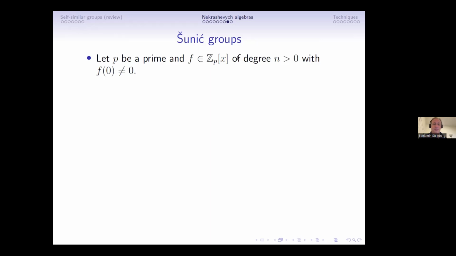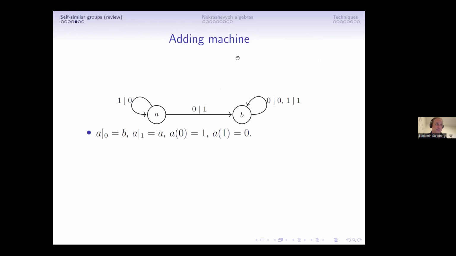Maybe I can give you an example of a contracting one. For instance, this adding machine is contracting. The nucleus is exactly this automaton. This is a cyclic group generated by A. If you start taking powers of this automaton, what you'll see is that the sizes of the sections of powers of A go down by roughly a half.